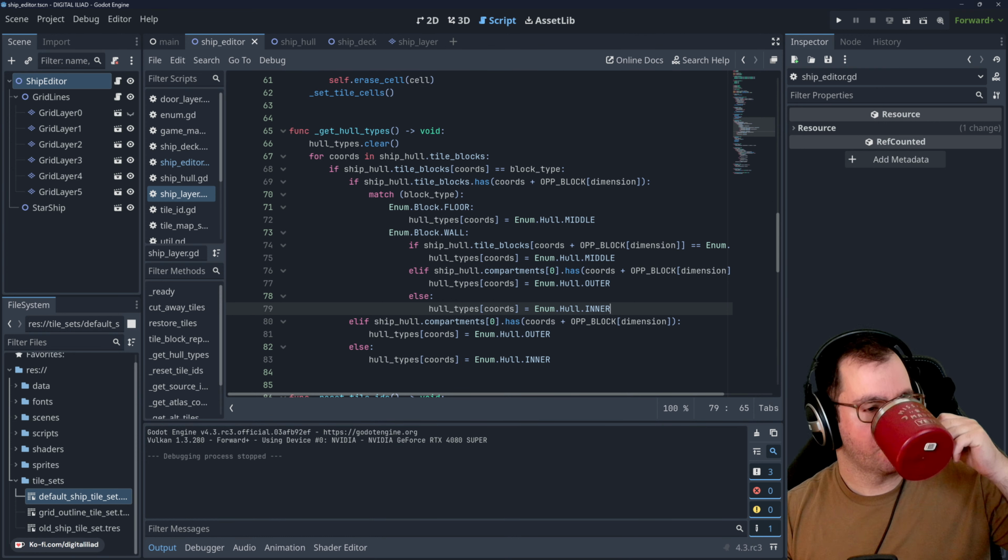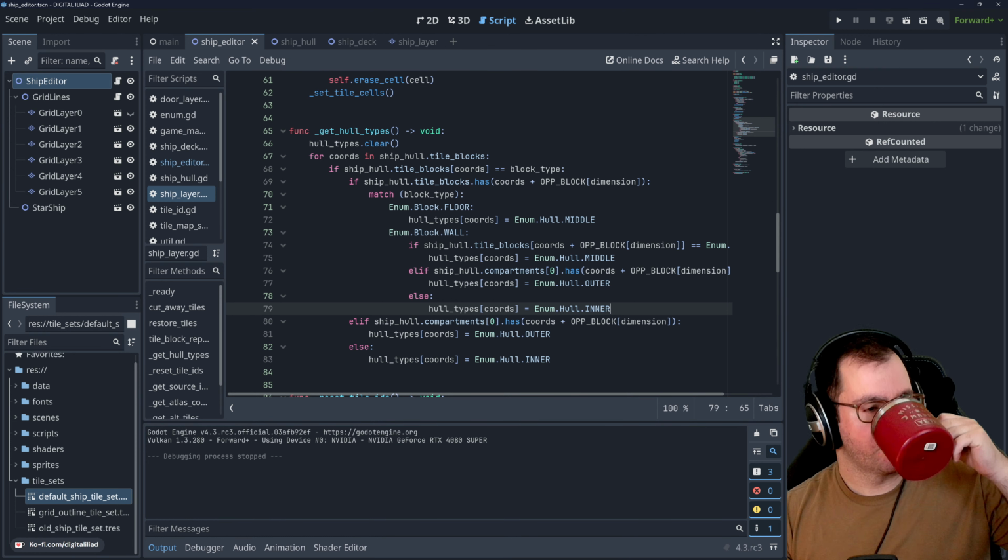So there's some logical problems with get hull type. But there's no floors being drawn under the walls right now. Oh, I just tried to undo. The undo function does not work right now. We're gonna have to redo that as well.